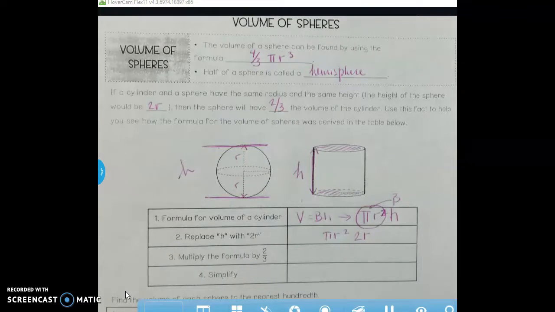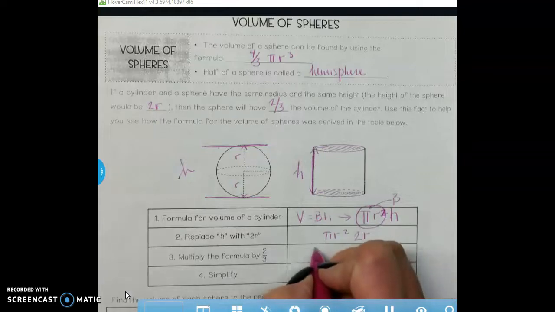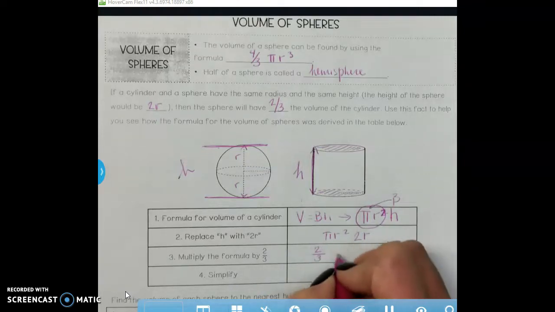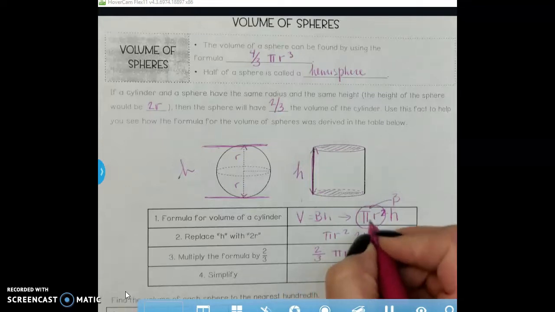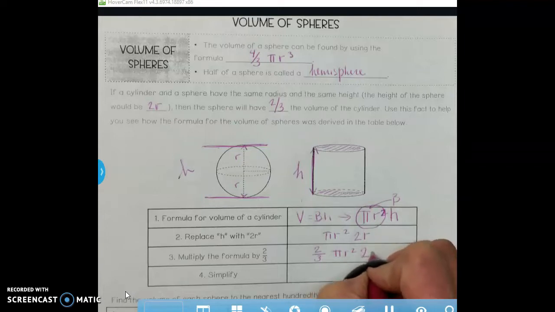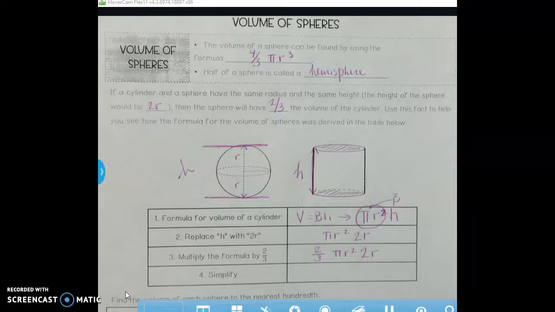This is just a given value to us because they've done experimenting and measurement and determined this value. So if we know that the sphere is 2/3 of the volume of the cylinder, this is where the formula is coming from.